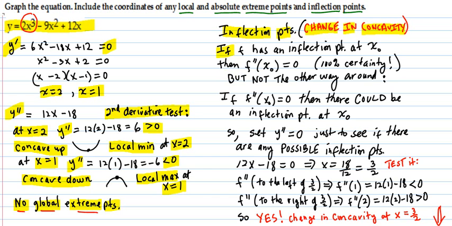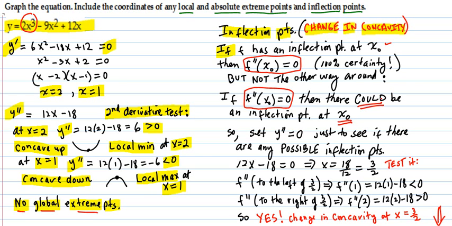So if f has an inflection point at x0, then it's 100% certain that f double prime at x0 will equal 0. But not the other way around. If f double prime at a point equals 0, then there just could be an inflection point at x0.